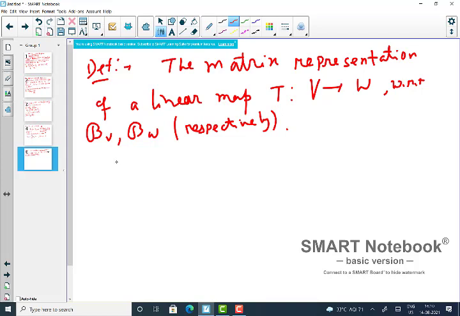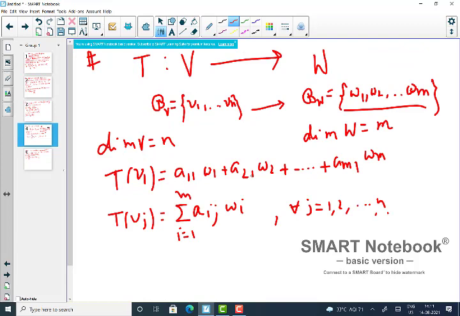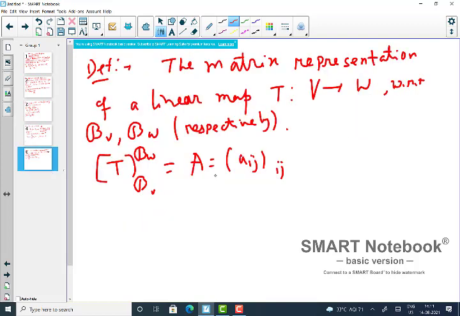We define this matrix representation by the symbol T from BV to BW, and that will be the matrix A whose entries are aij. You write down a11, a21, a31; this is the first column vector of the matrix. And for a particular j, a1j, a2j, a3j will be the jth column vector. That is the matrix representation.